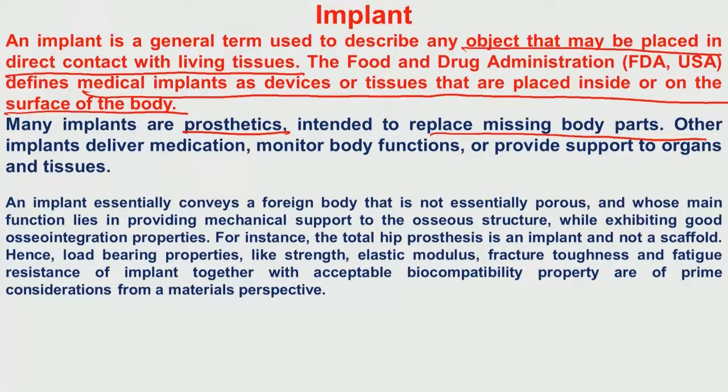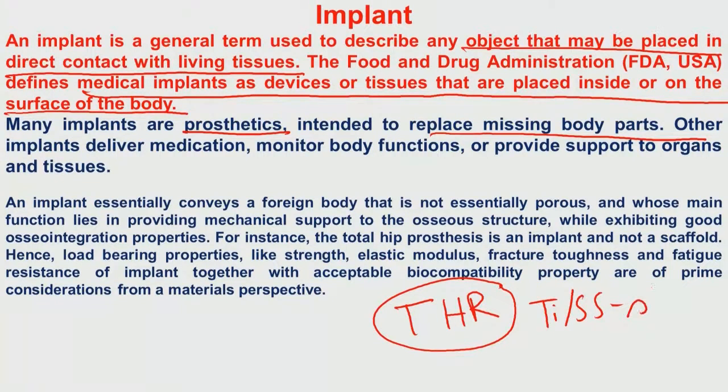However, these implants, by definition, are medical devices which are placed in direct contact with living tissues. An example of an implant is THR, total hip joint replacement. You have a stem that is made of either titanium or stainless steel.